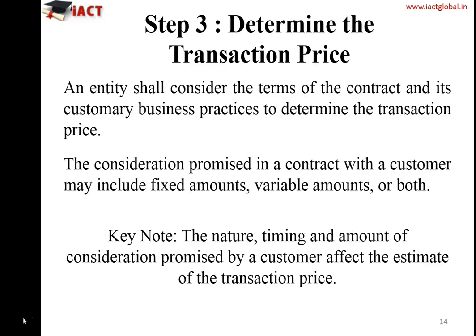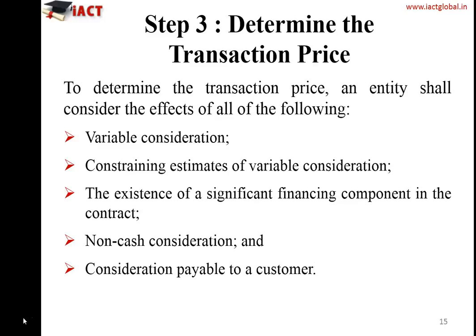Let's build more understanding of this step 3, wherein to determine the transaction price, an entity shall consider the effect of all the following. They need to see if there is any variable consideration, and any constraint on the estimation of variable consideration, and if there is any significant financing component in the contract.